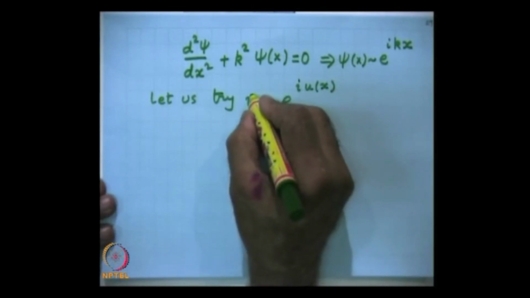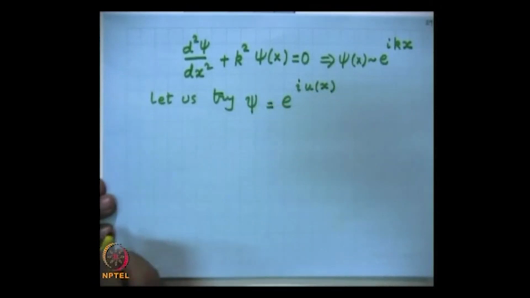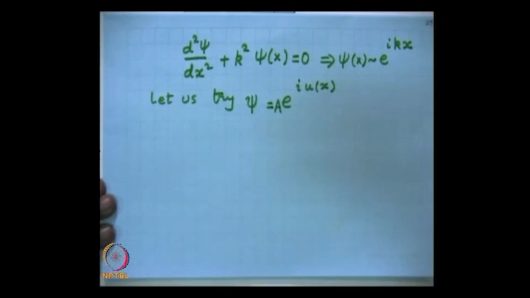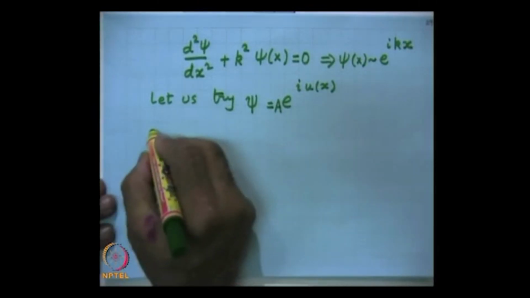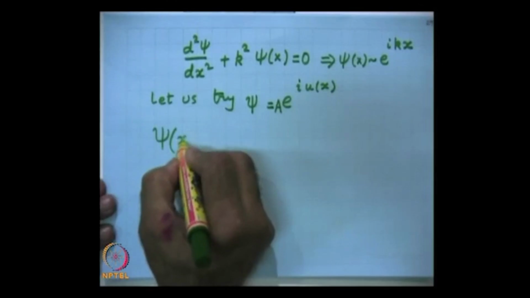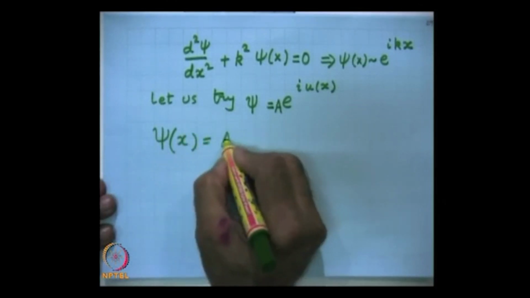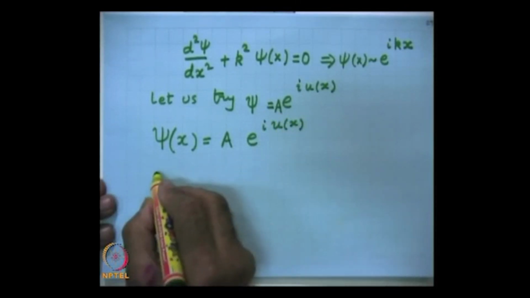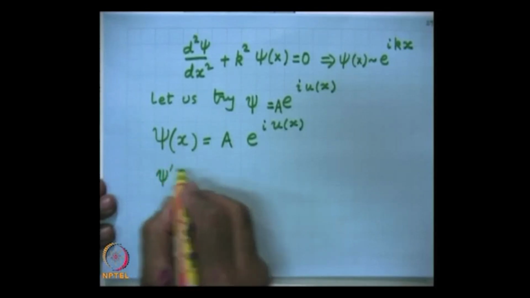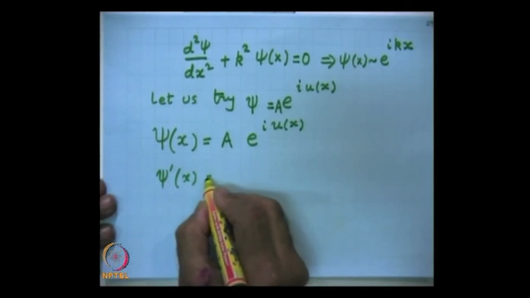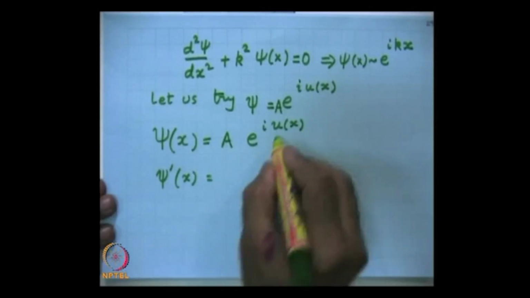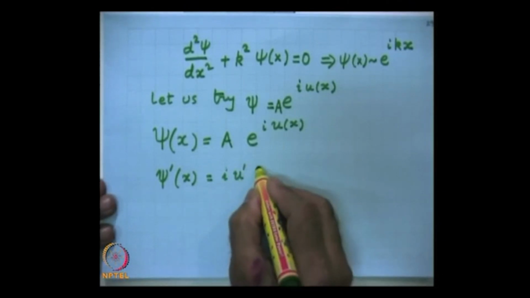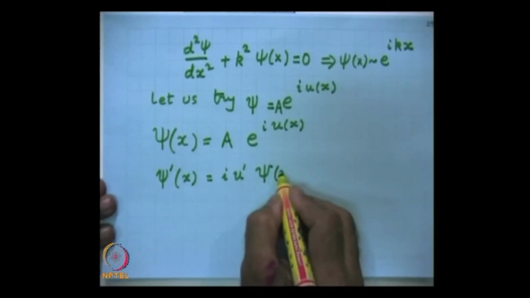So, psi is given by some constant a into e to the power of I u x. Let me brute force differentiate. So, psi of x is a into e to the power of I u x. d psi by dx, which is psi prime of x, will be I u prime psi of x.